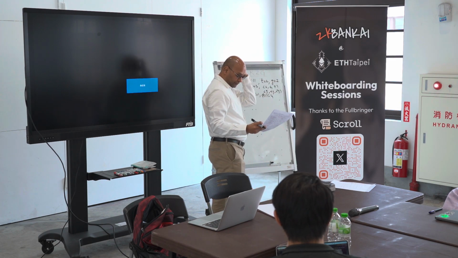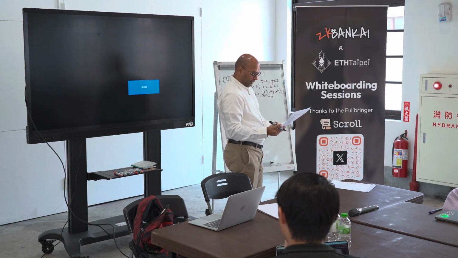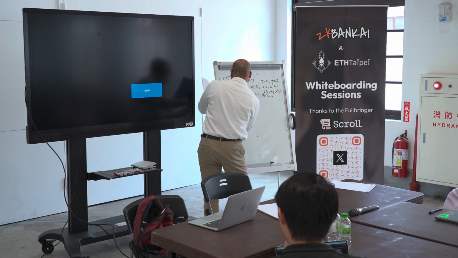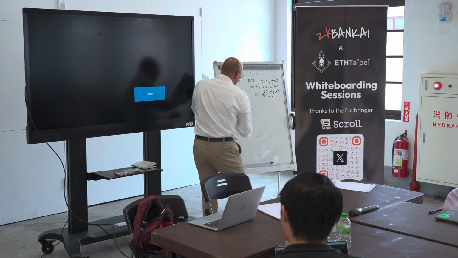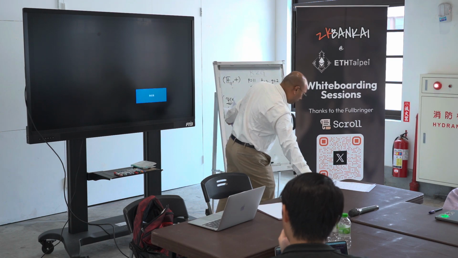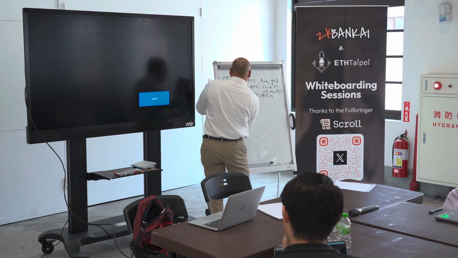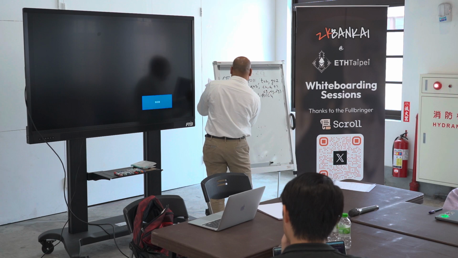So first thing we have to do is to calculate our quotient polynomial, which is psi of x. So what do we have? So the verifier is asking us to open at I, right?